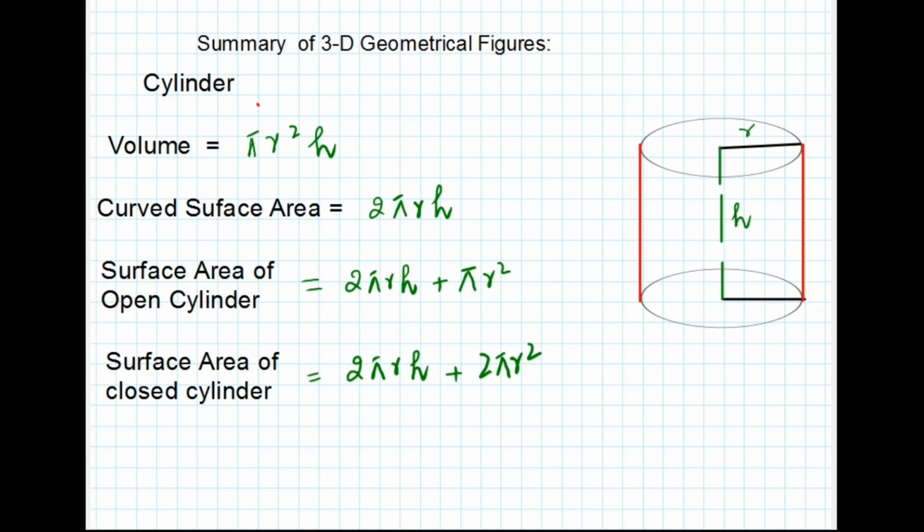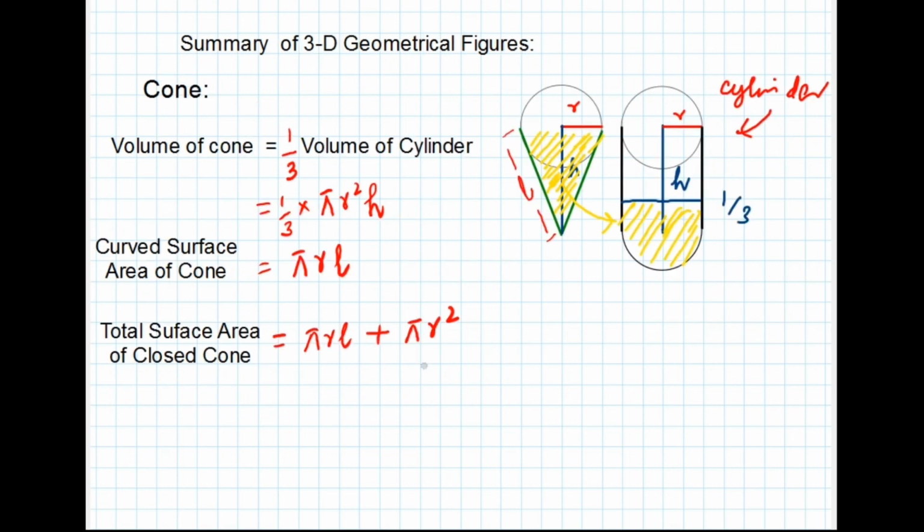Then the next slide is about cylinder, its volume, curved surface area and surface area of closed cylinder. Then the next slide is about cone. Its formula of volume of cone, curved surface area, and total surface area of closed cone.